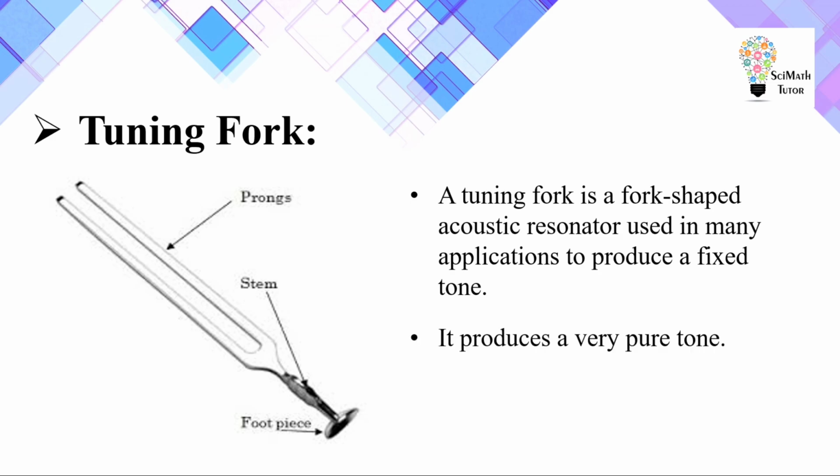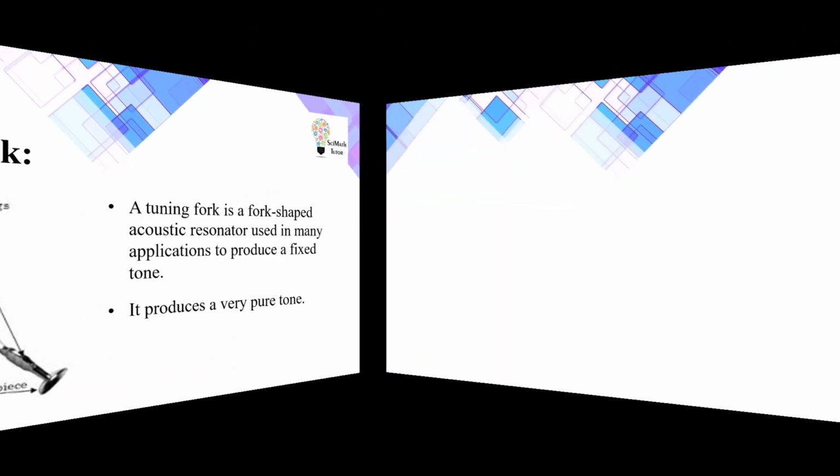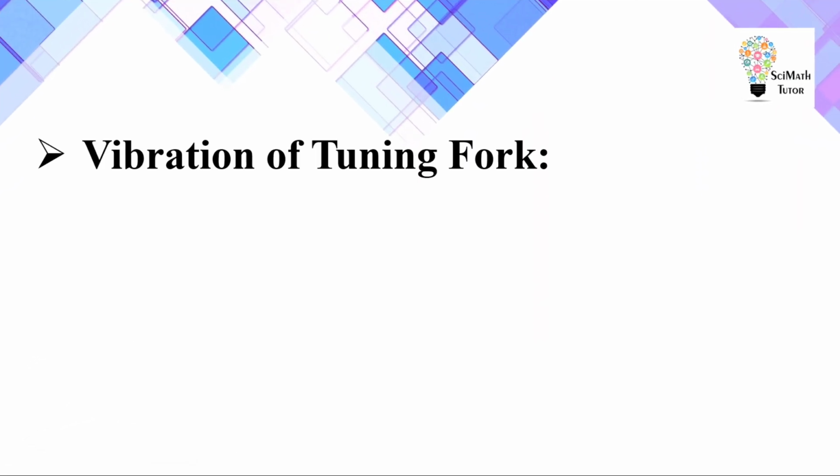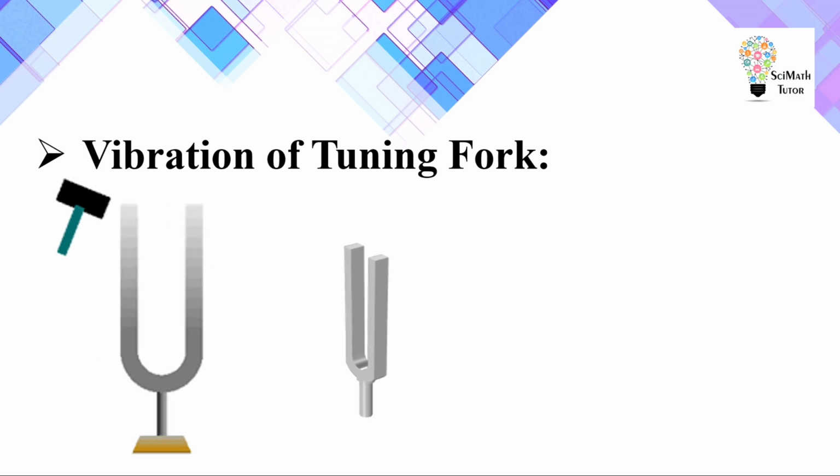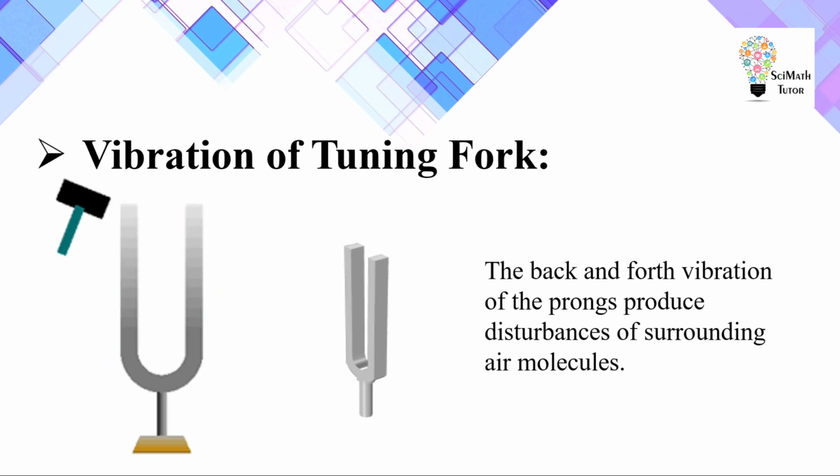The fork consists of a handle or stem and two prongs. When the tuning fork is hit with a rubber hammer, the prongs begin to vibrate. The back and forth vibration of the prongs produces disturbance of surrounding air molecules.